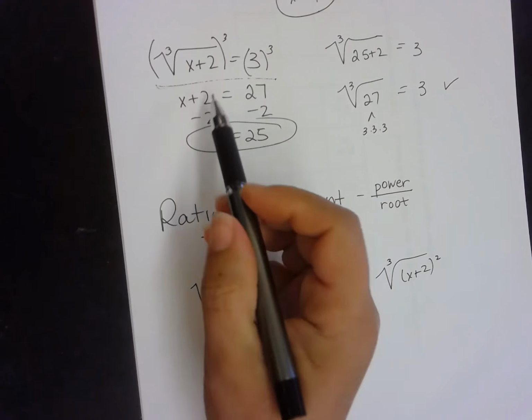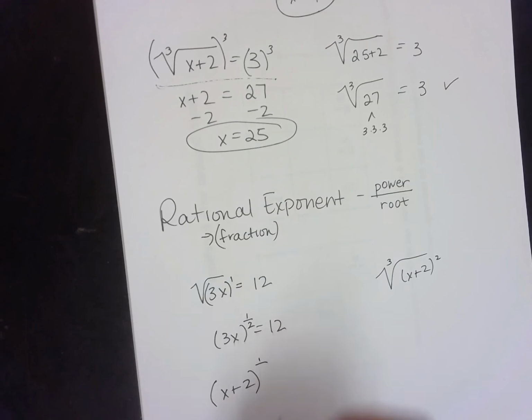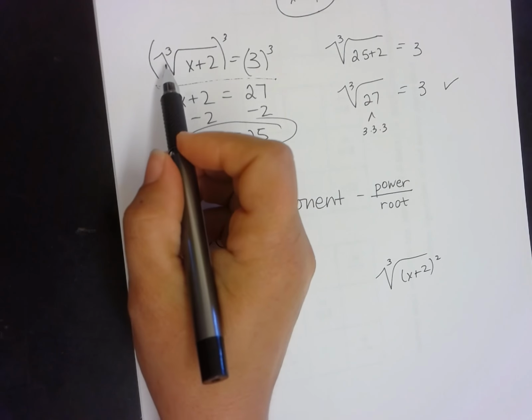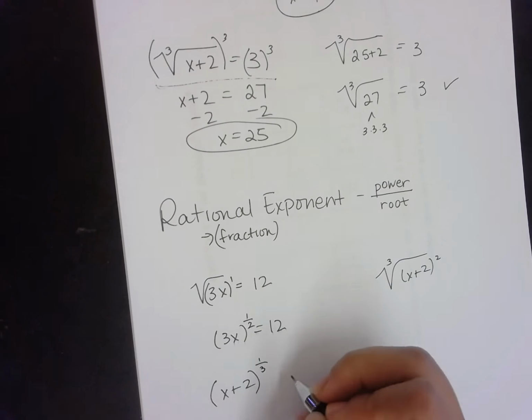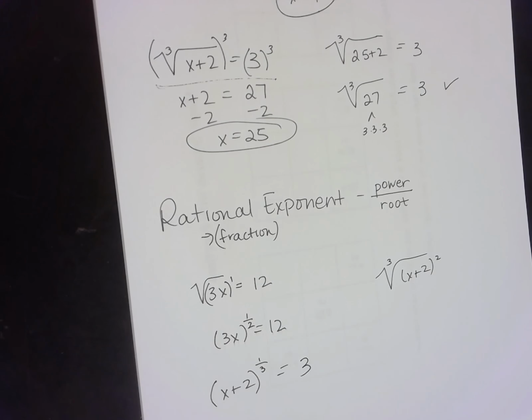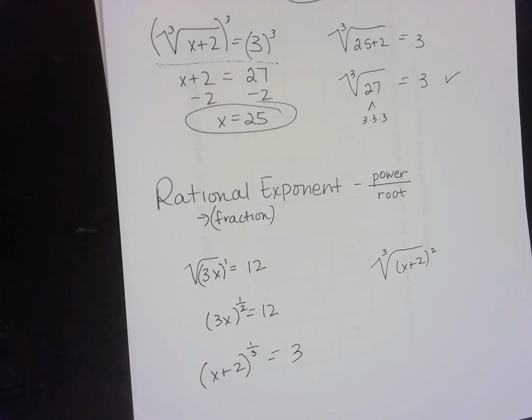But since there isn't in my original, I'm going to assume that it's 1 because it's not written. And my 3 here for my cube root, that is my root. So this would be x plus 2 to the 1/3 is equal to 3. And that is rational powers.